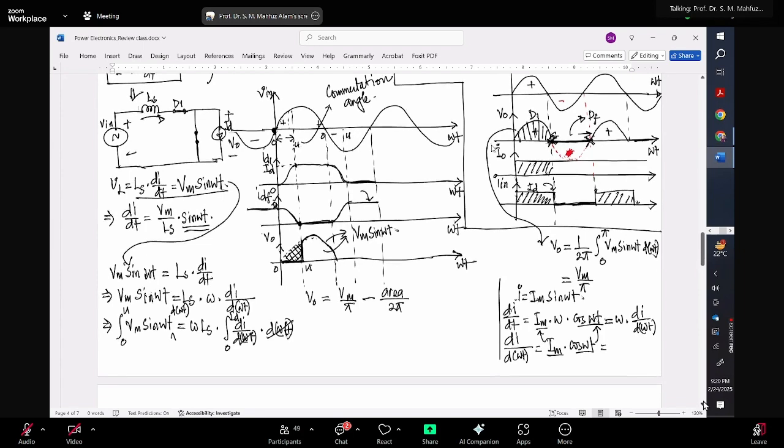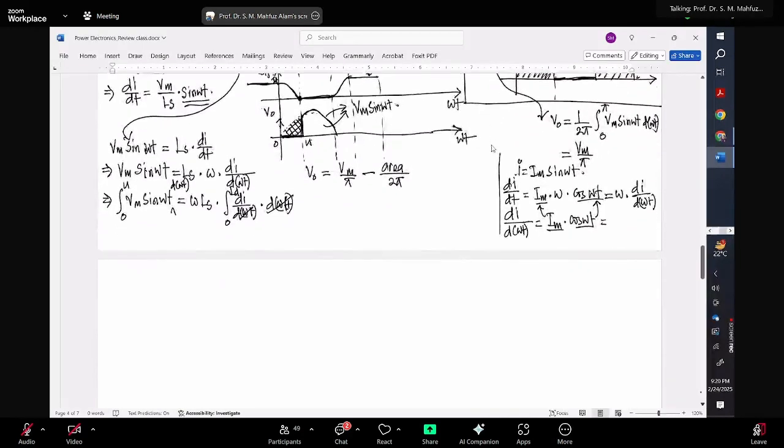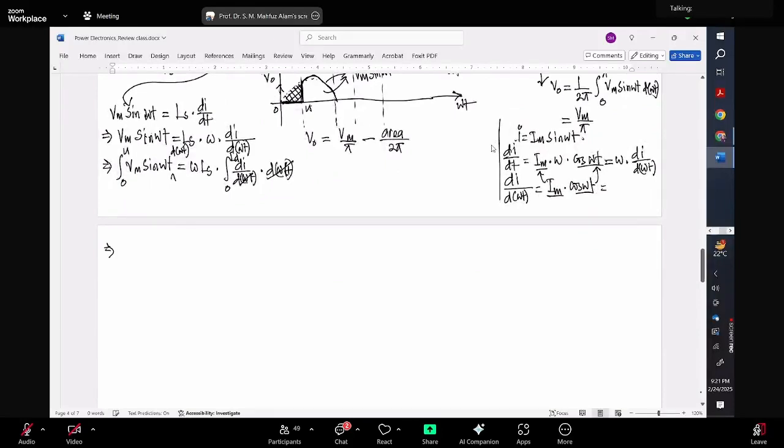So from 0 to u, the integral of Vm sin omega t equals omega Ls multiplied by the current going from 0 to ID, so it equals omega Ls multiplied by ID.